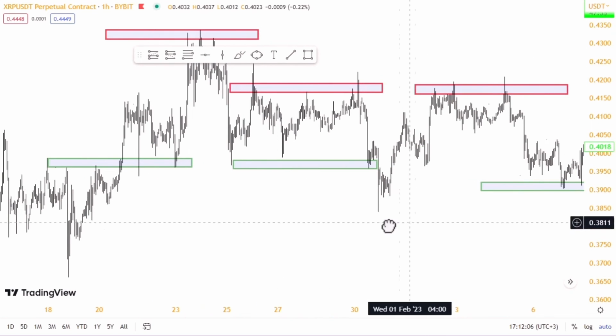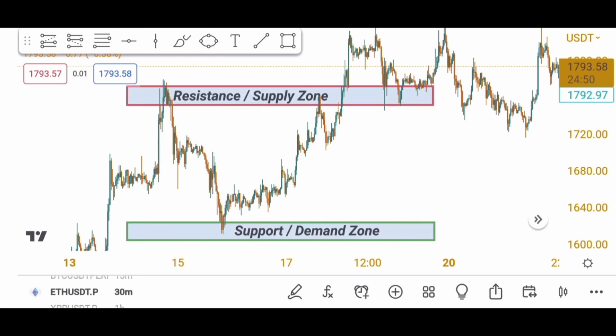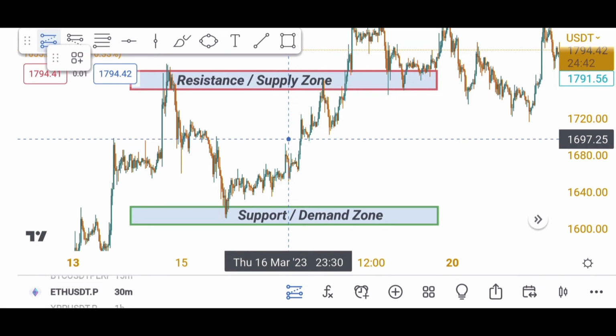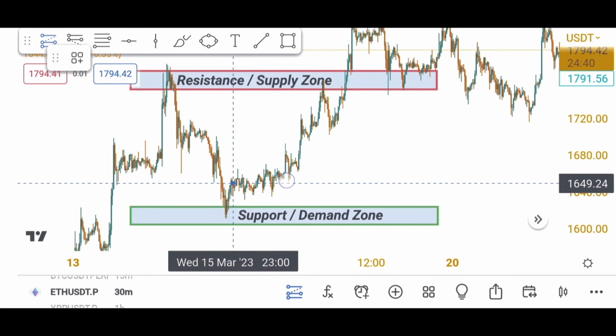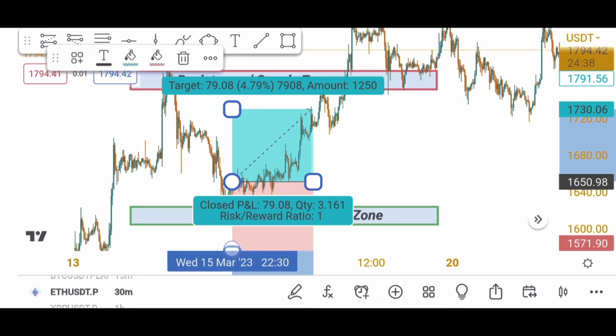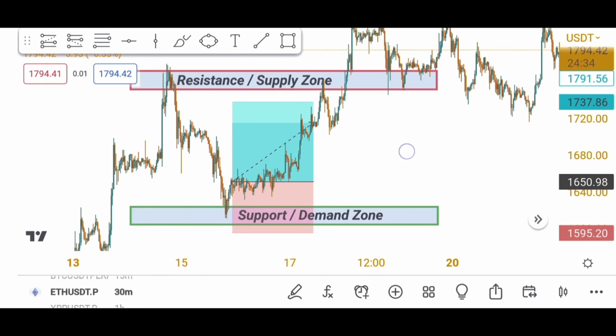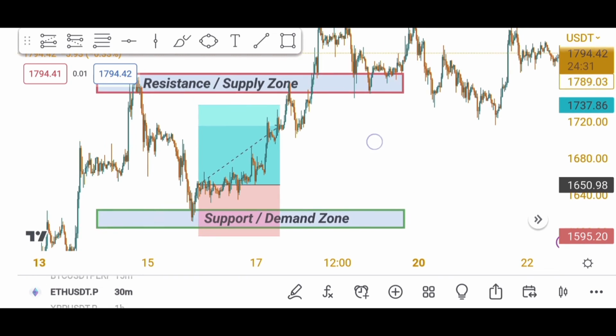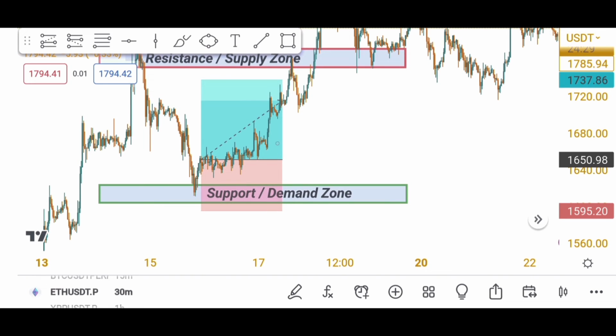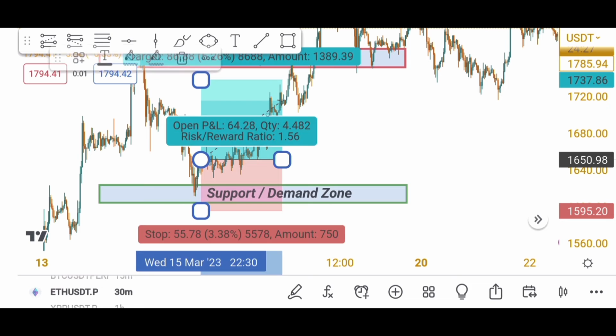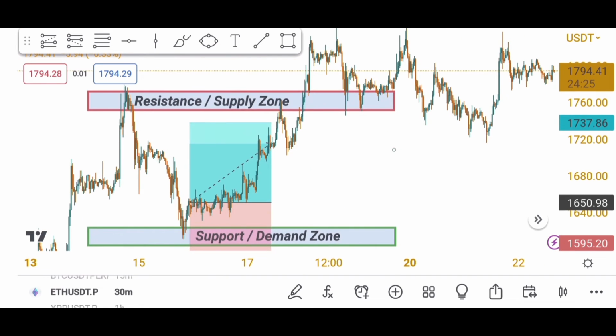When the price approaches a support level, it can be a good opportunity to buy the asset or go long, as there is likely to be buying pressure at that level that will cause the price to bounce back up. However, if the support level is broken, it could indicate a shift in market sentiment and a potential downtrend.